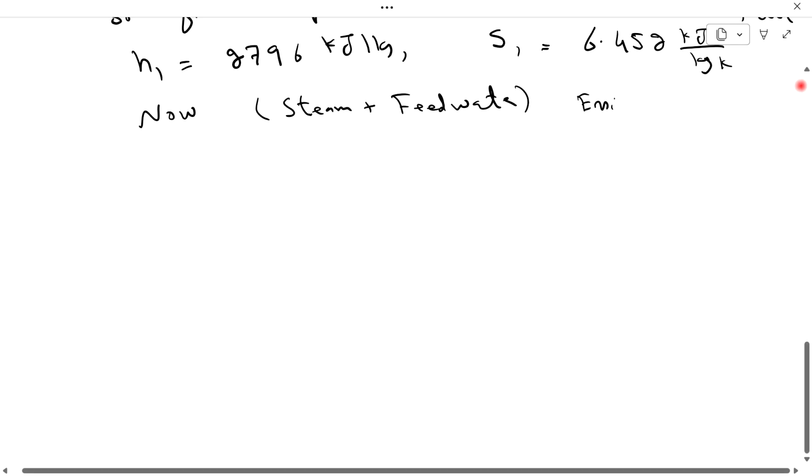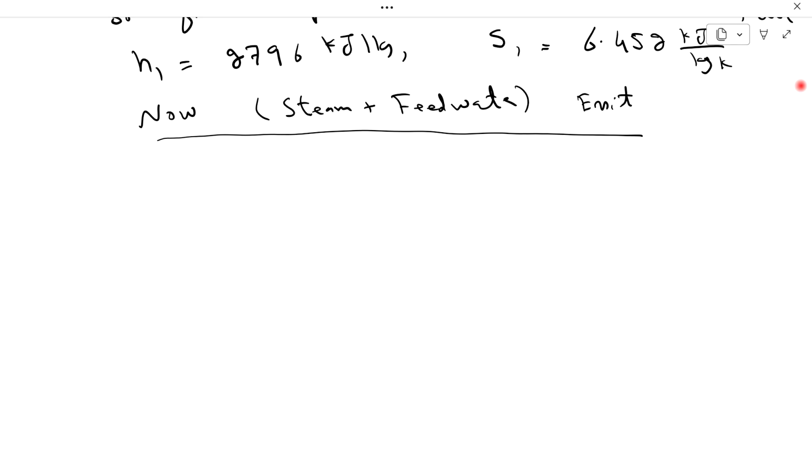We are given that at exit the feed water is saturated liquid. So this will be on the saturated liquid line.